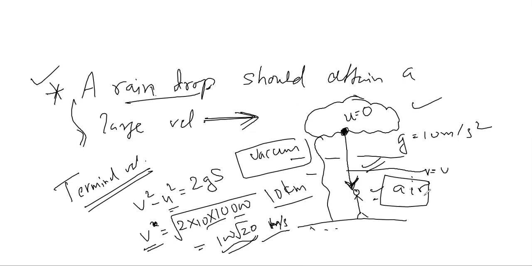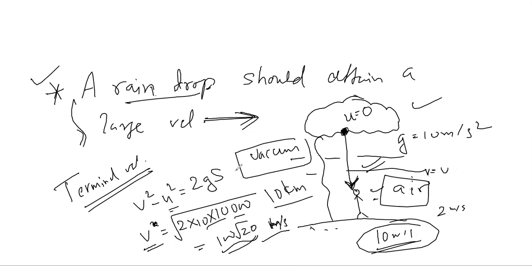But now due to the air dragging force, hardly it will come to 10 meters per second, or in fact this is also a very big velocity, hardly 2 meters per second. It will fall with hardly 2 meters per second or 1 meter per second, from 450. That's reduced a lot.